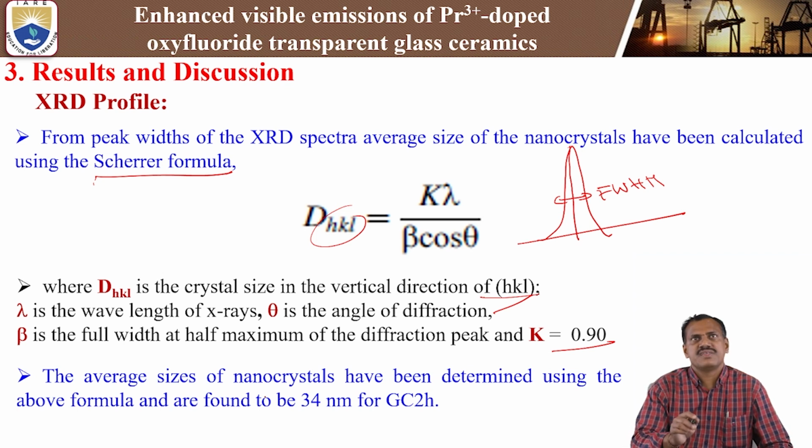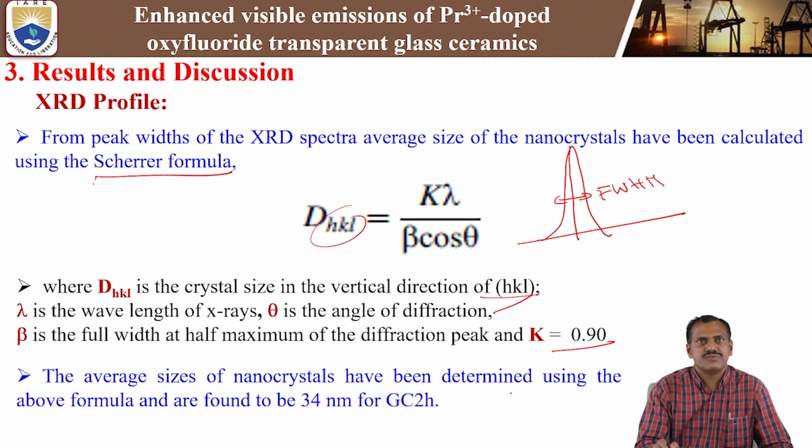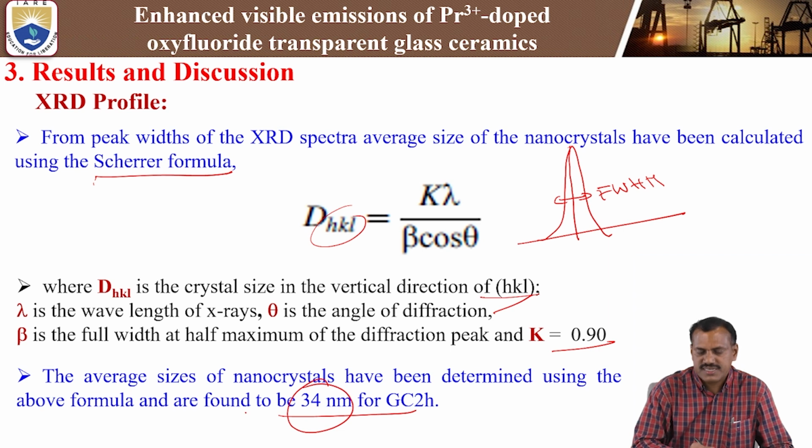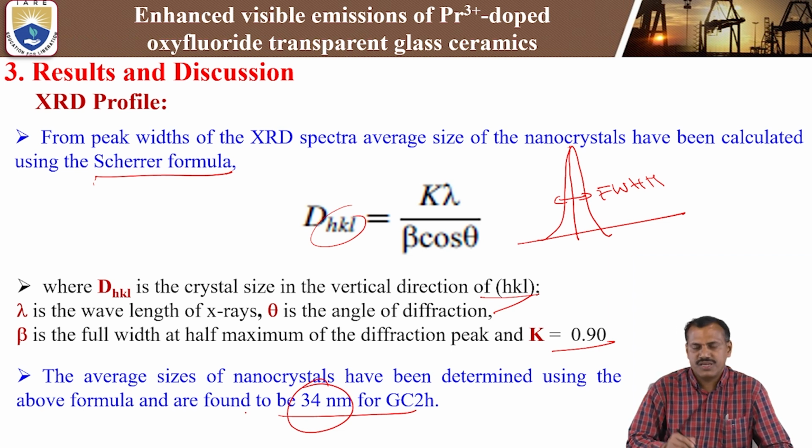Next, the average nanocrystal size has been determined using the Scherrer formula. For the glass ceramic 2 hours, we observe the crystal size is 34 nanometers. By using this formula, we have calculated that the praseodymium 3 plus doped oxyfluoride transparent glass ceramic has a particle nano size of 34 nanometers.